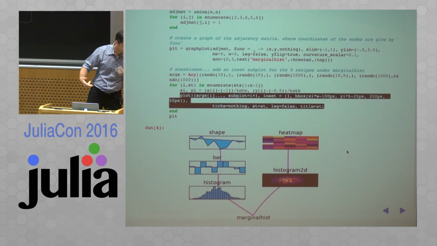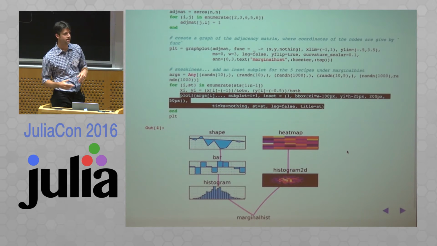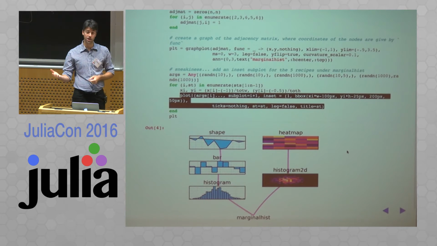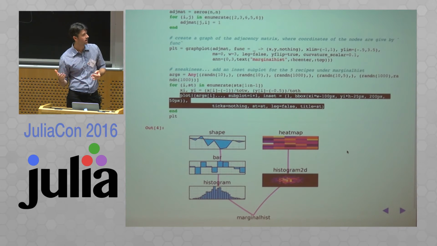So in terms of the individual backends, they can choose to either support a series type natively or to have it flow through to something that's a little bit more low level. And it's enabled the GR backend, for example, to be almost fully featureful with PyPlot, even though it's very low level.